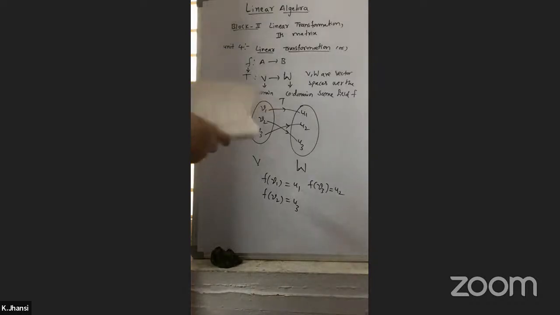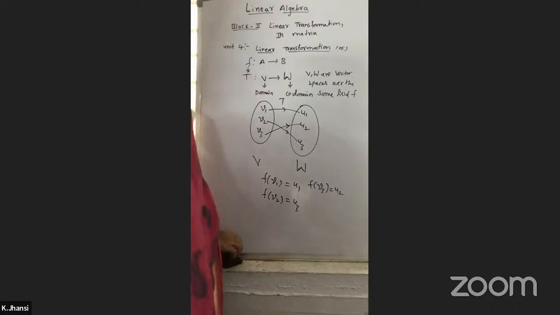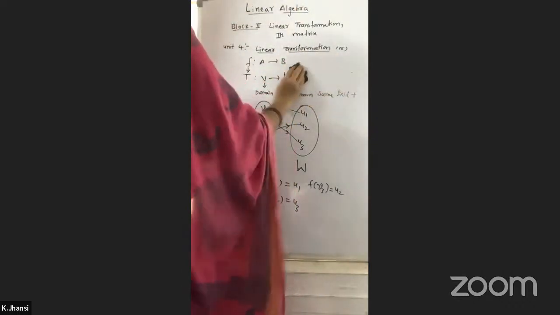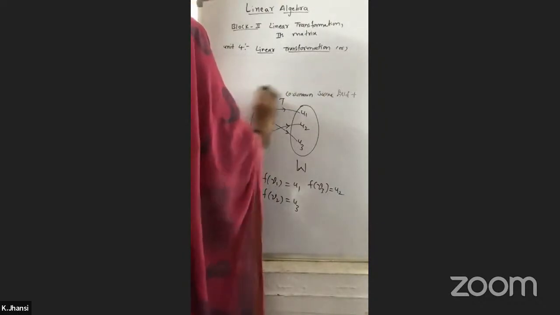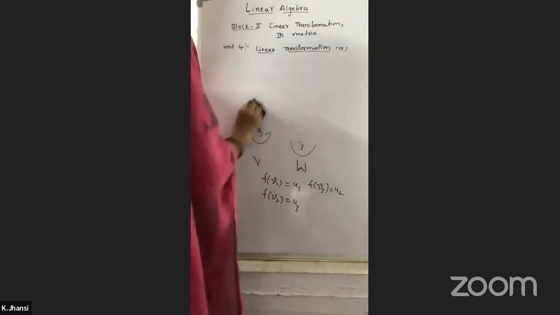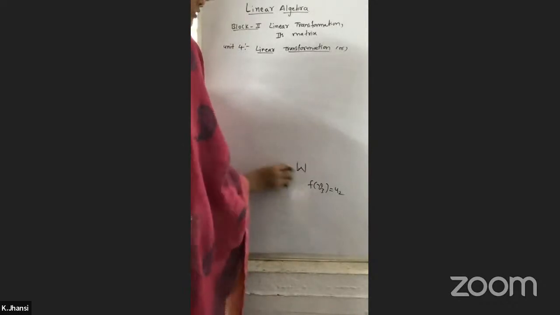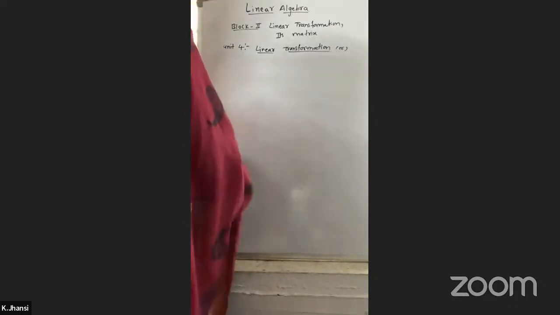And the definition, two definitions I have told, no. So on that, even we see today the problems regarding the linear transformation. Okay. So these definitions are important for solving the theorems and also for solving the problems.